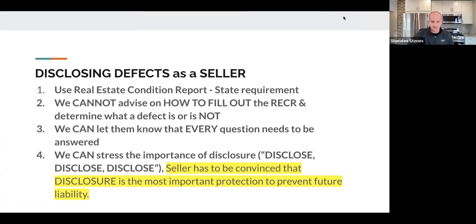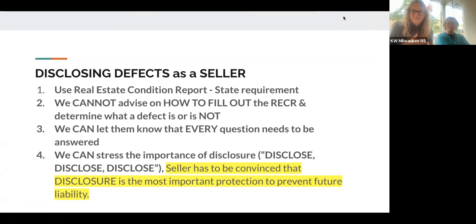Yeah, you know what? I have one. So you mentioned that could be a way, if it's not done properly, for a buyer to back out potentially. Yes. So rescission rights could come into play if they have not been given a fully completed real estate condition report. Right.